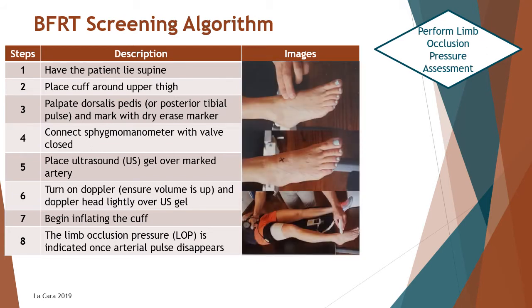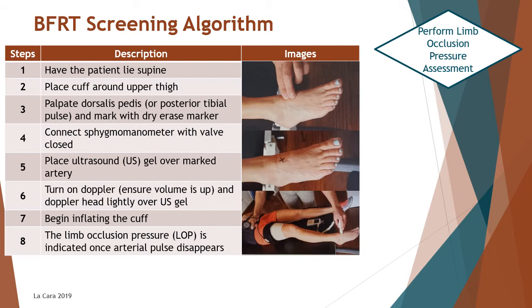Have the patient lie supine, place the cuff around the upper thigh, palpate the dorsalis pedis, and mark that location with a dry erase marker. You're going to place the ultrasound gel over the marked artery, turn on the Doppler, ensure that the volume is up loud, and put the Doppler head on the artery.